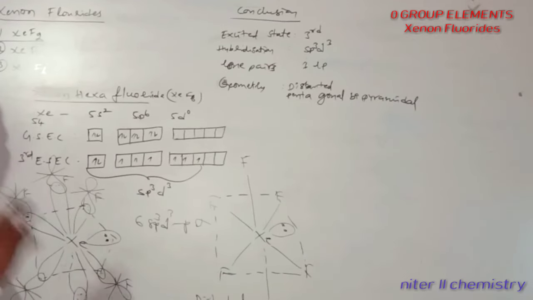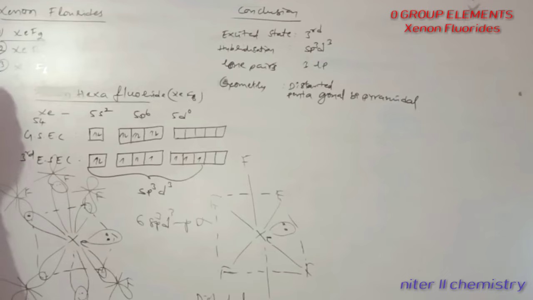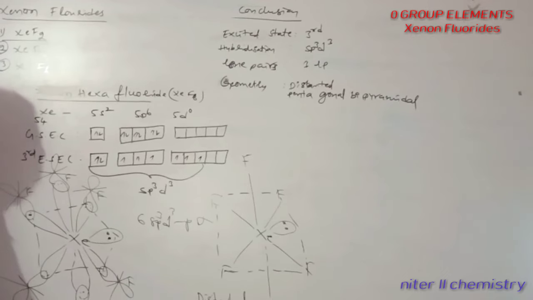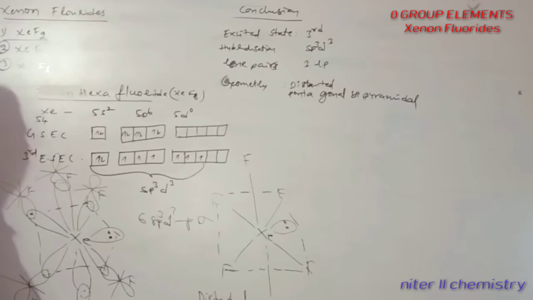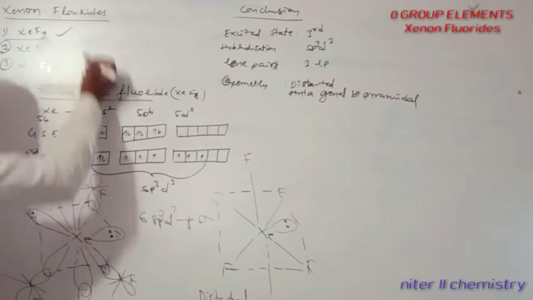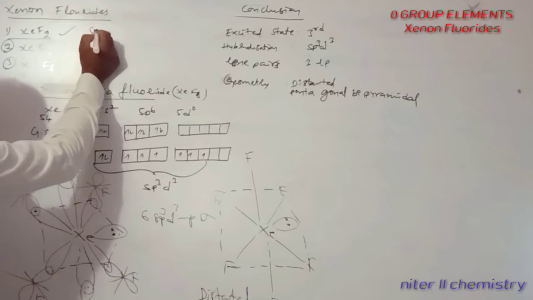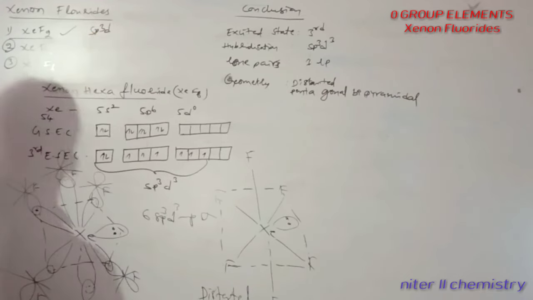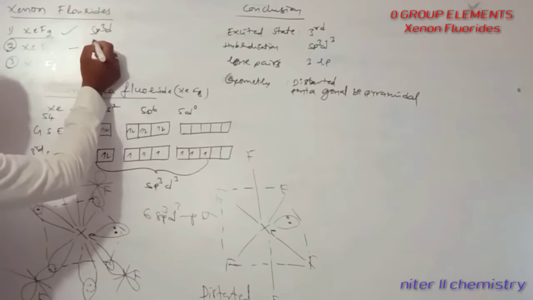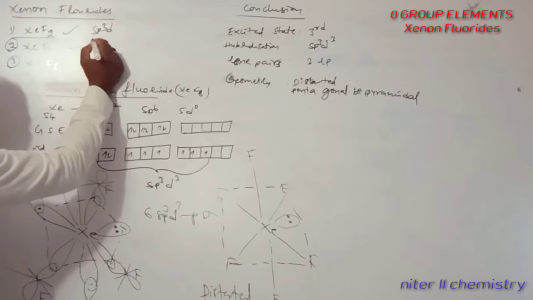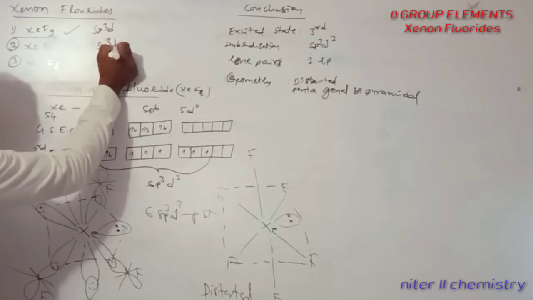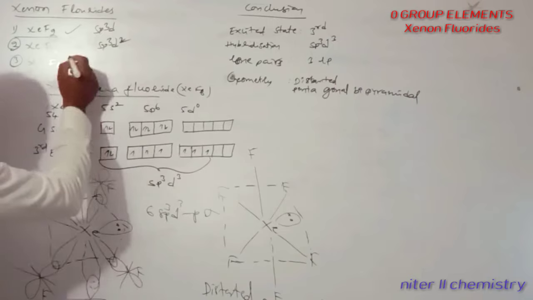Already we discussed xenon difluoride, xenon tetrafluoride and xenon hexafluoride. Here the xenon difluoride geometry is linear with sp3d hybridization. Xenon tetrafluoride has sp3d2 hybridization and square planar geometry.